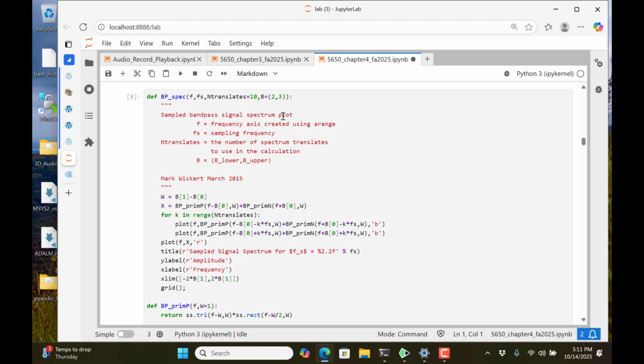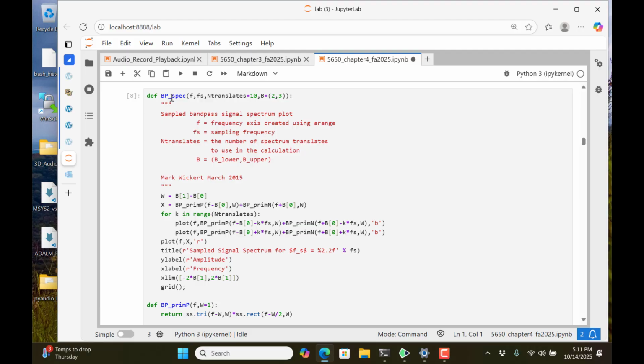So you get to put into it a range of frequency values that you want to plot over, the sampling rate, and then how many translates you want to show up and down the axes to make sure that something falls into place in the band you're looking in.